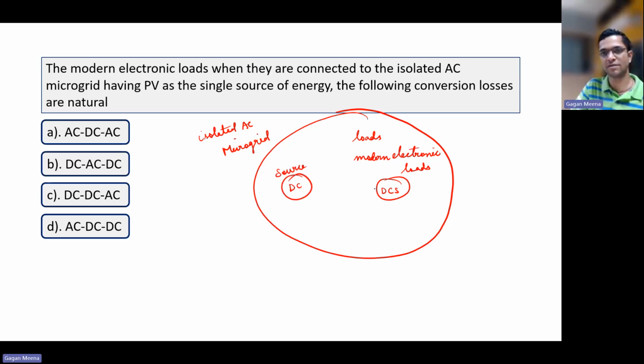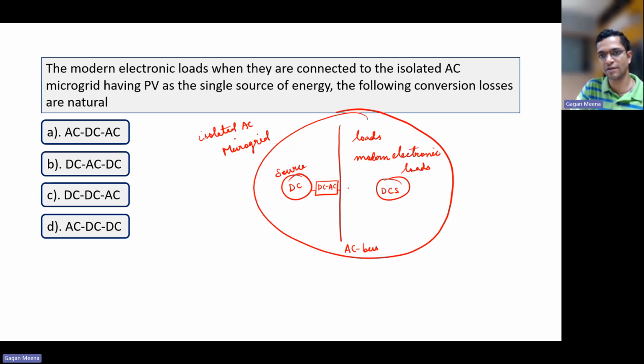Because it's an AC microgrid, the power supply platform is AC. So load and source both are connected to the AC bus. The source is DC and it is connected to AC via a DC-AC converter.